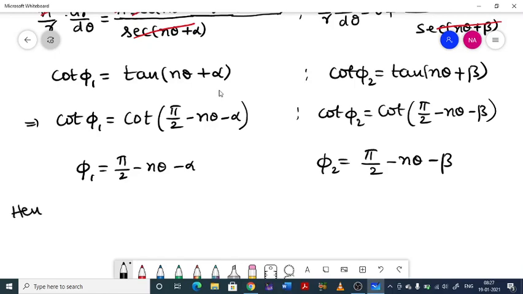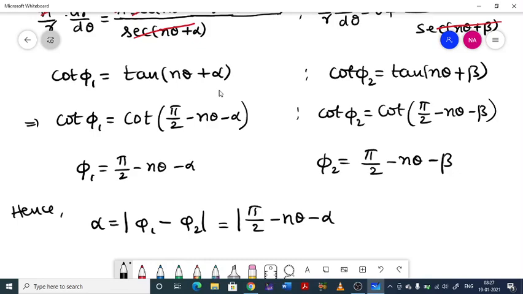Hence alpha equal to the angle of intersection, alpha equal to phi 1 minus phi 2, which is pi by 2 minus n theta minus alpha minus pi by 2 plus n theta plus beta.